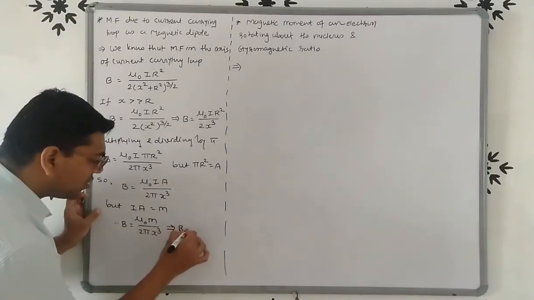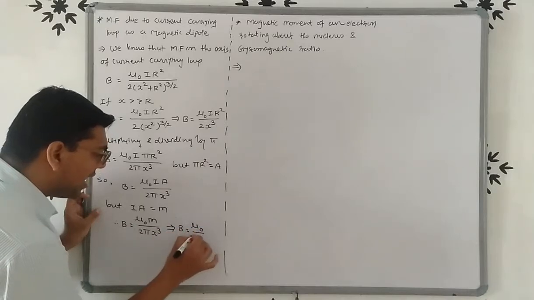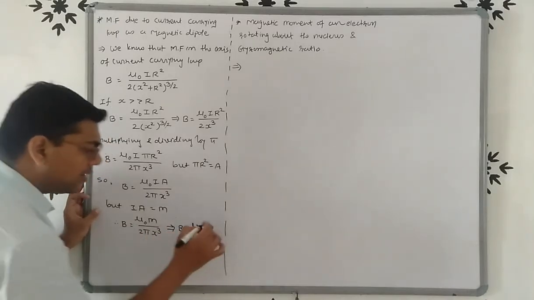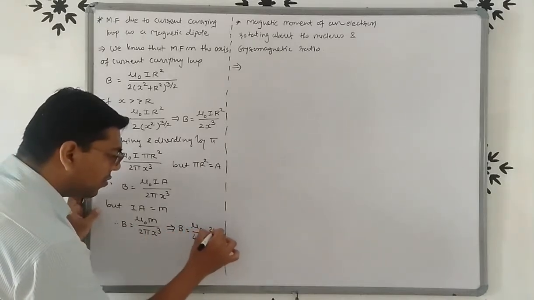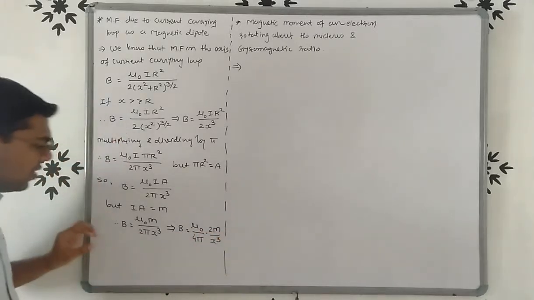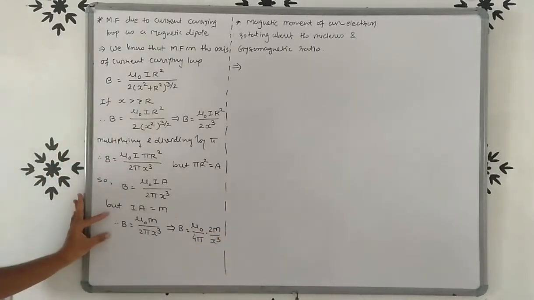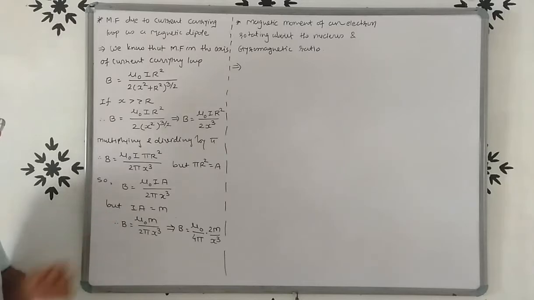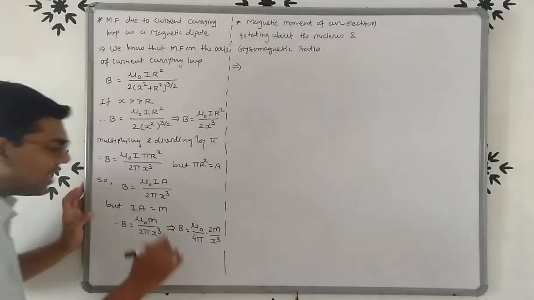So B is equal to mu 0 by 4 pi into 2M upon x cube, right? Here we multiply and divide this equation by 2, so we get mu 0 by 4 pi into 2M upon x cube.